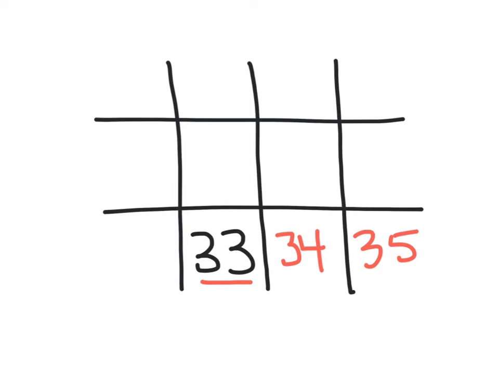Now I'll go back one. So 33, back one is 32. Once I have this column done, then I can build on this one and then on this one. So I'm going to go up to the 32 and I'm going to go 10 less, and then I'll go one more.